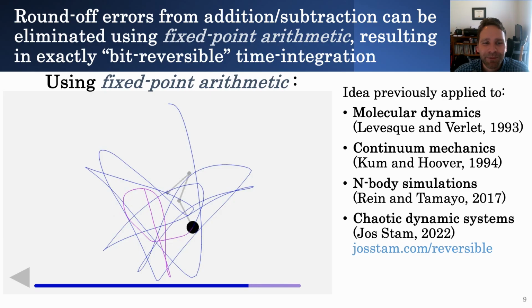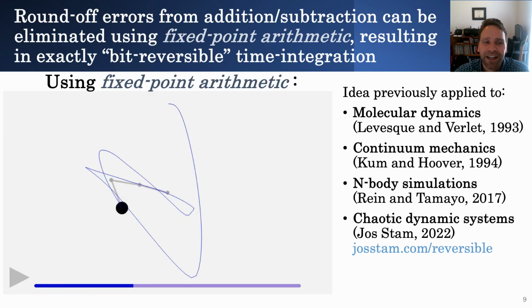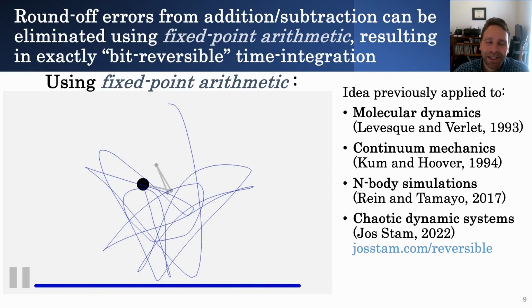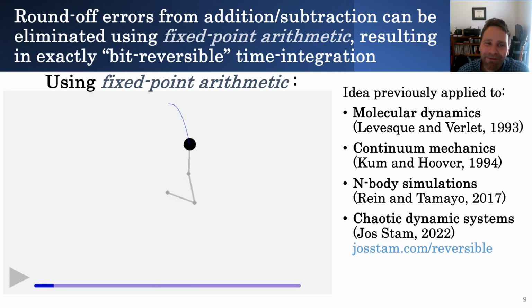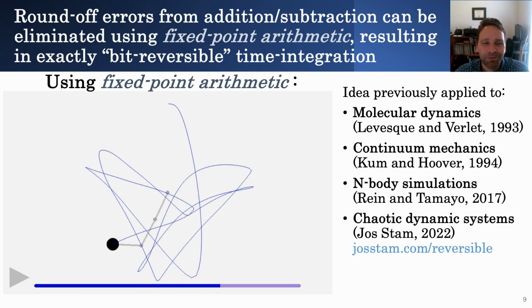I'll point out that this has been around in various forms and applied to various different domains in physics, including as far back as applications to molecular dynamics. The original idea came from a paper by Levesque and Verlet and has been used in a variety of different contexts for continuum mechanics, n-body simulations, and also for chaotic dynamic systems. And I have to say, I can't claim credit for this particular instantiation with this triple pendulum problem.